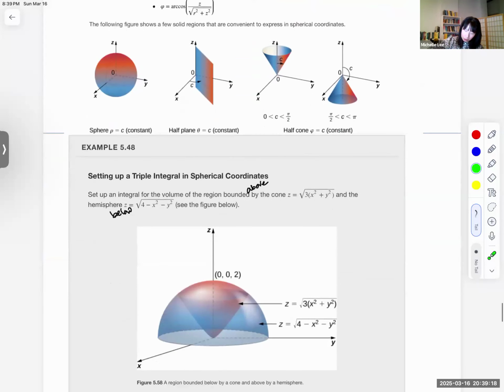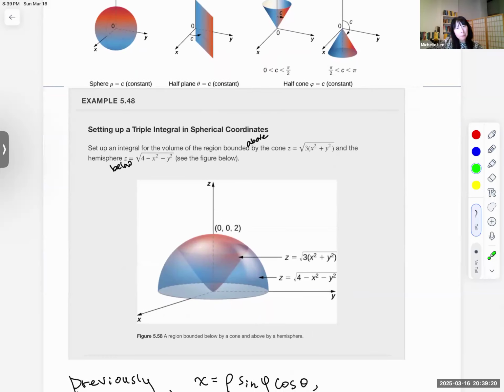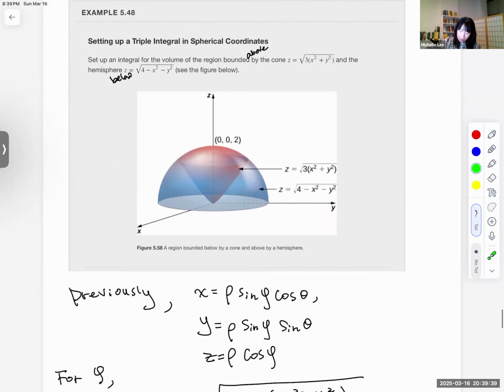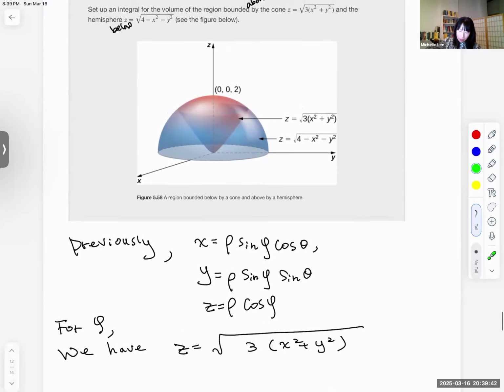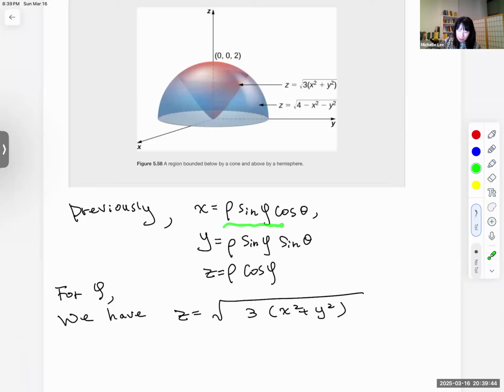Okay, let's do this problem, then we're done. All right? Okay, so we have a cone and then a hemisphere. Now, we have x equal to rho sine phi cosine theta, y equal to rho sine phi sine theta, z equal to rho cosine phi, right?